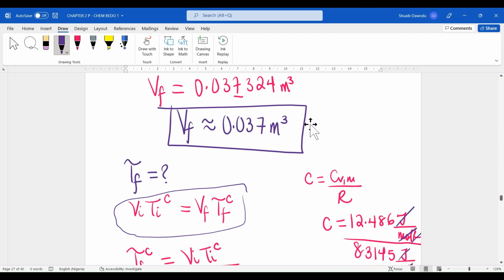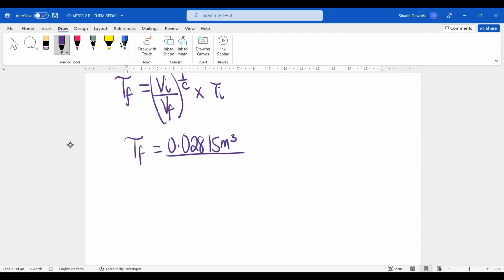I'm not going to use the approximate value for V final because whenever you're still calculating, you're not supposed to use the approximate value. Instead, you're supposed to use as much of the raw value as possible. So I'm going to substitute 0.037324 meter cube, all of that raised to the power of 1 over C.